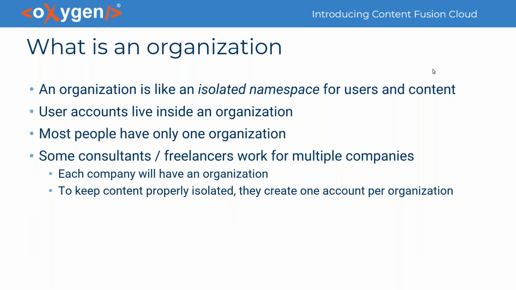This model is more similar to cloud applications, that is, applications that are publicly available, like GitHub and OpenAI and so on. For example, in GitHub, you can have a private account and then join several organizations.